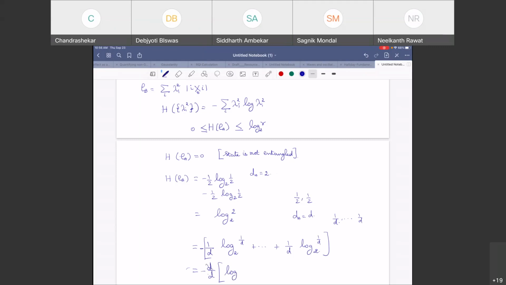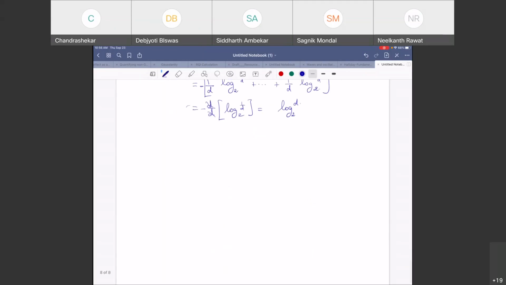So this d will cancel with this d, and this will be log d. So for a maximally entangled state, the entropy would be log d to the base 2.